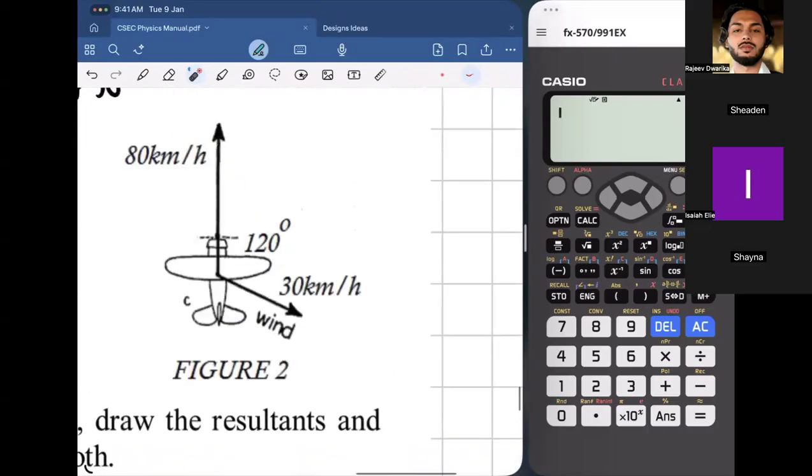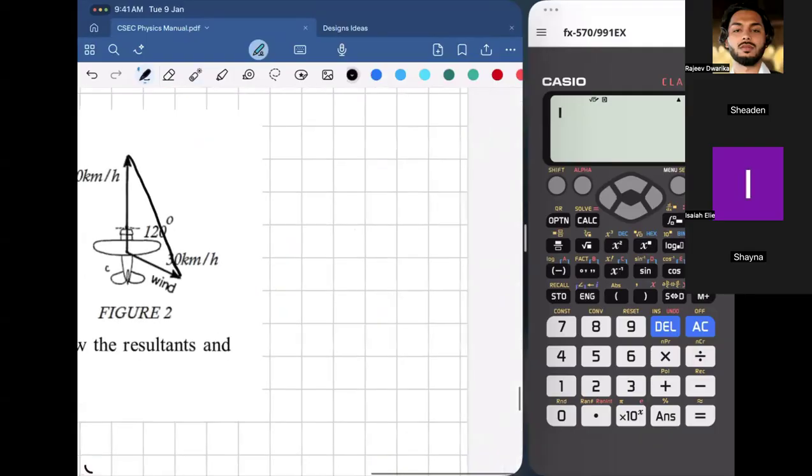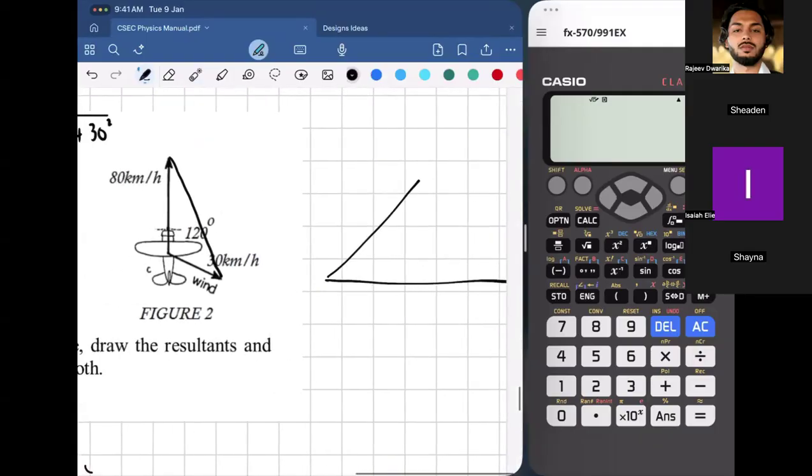Watch this, right? So imagine you have this triangle. It's clearly not 90 degrees, right? It's actually 120 degrees. But let me show you something.